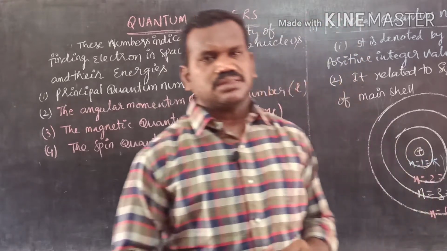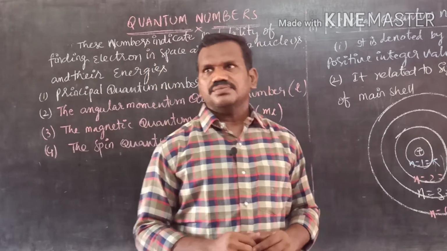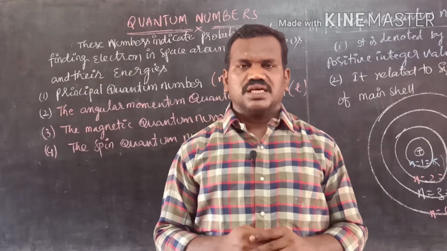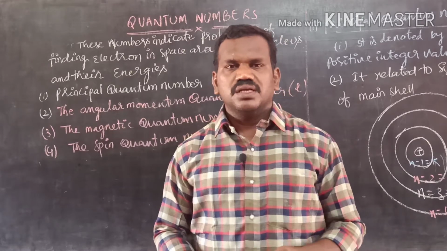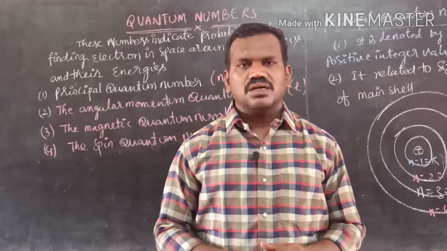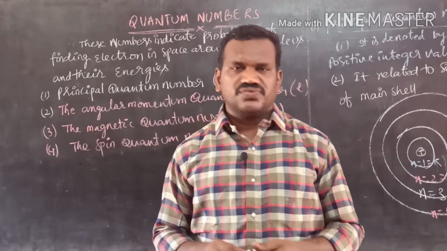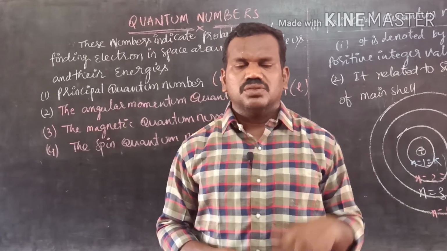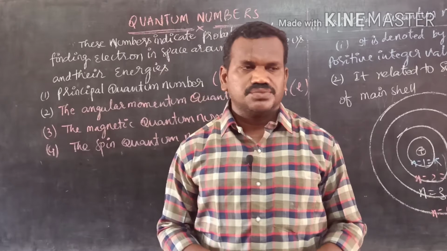What are these numbers? We already said electrons absorb energy and store the energy in the form of discontinuous packets. Each packet is called a quanta or otherwise a photon. Every quanta is nothing but either 1hν or 2hν or 3hν.